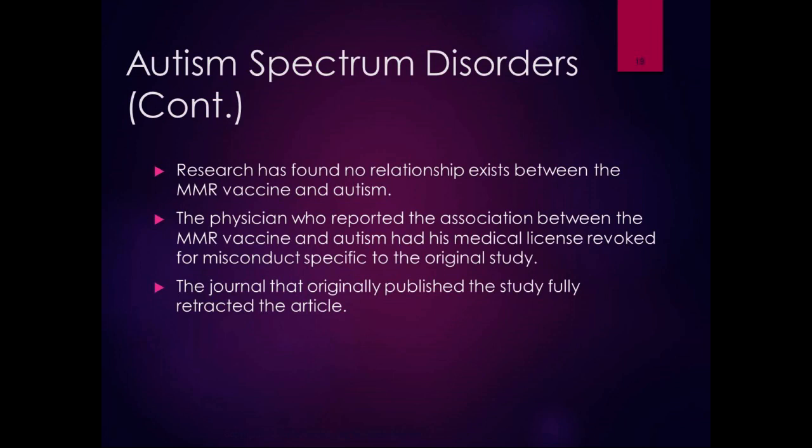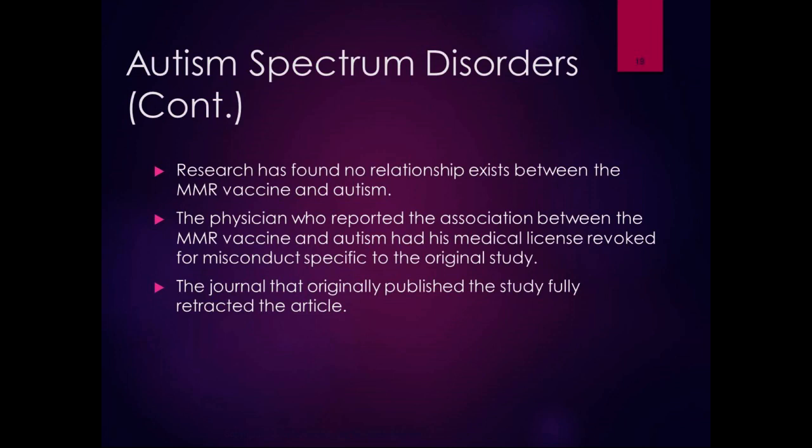There's no relationship between the MMR vaccine and autism, even though a lot of anti-vaccine people touted that as the cause of autism. It is not. There was actually a physician who reported the association between the MMR vaccine and autism, and he had his medical license revoked for misconduct specific to the original study.